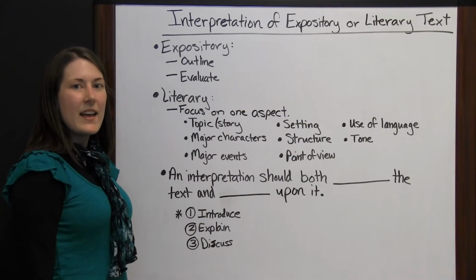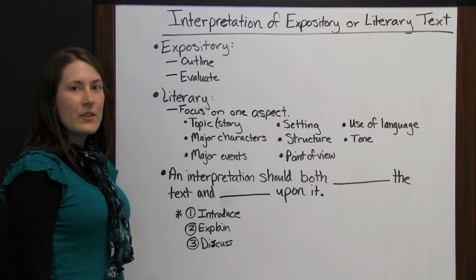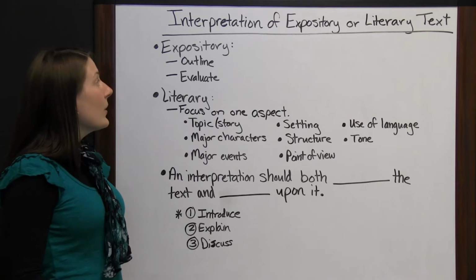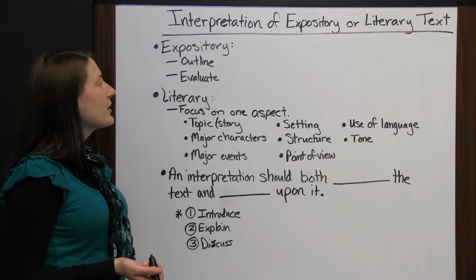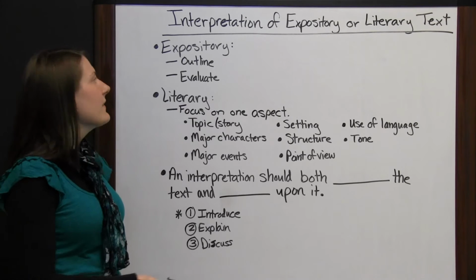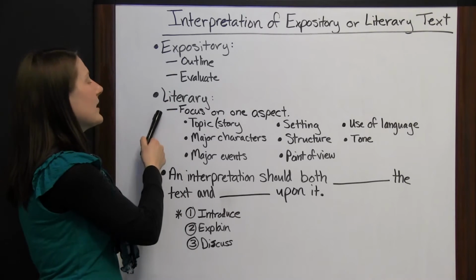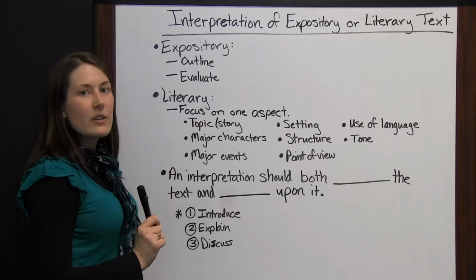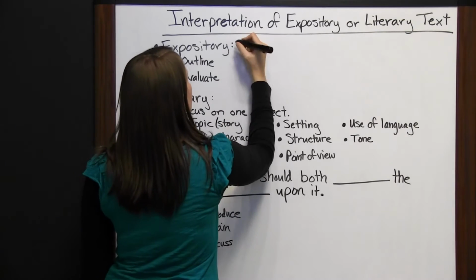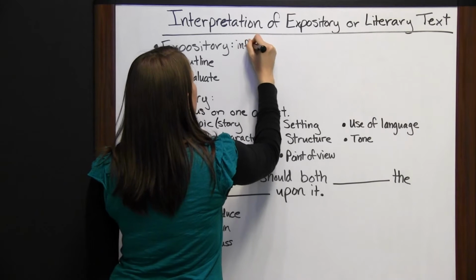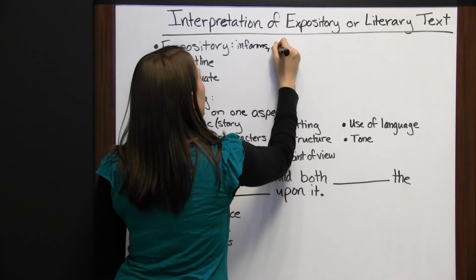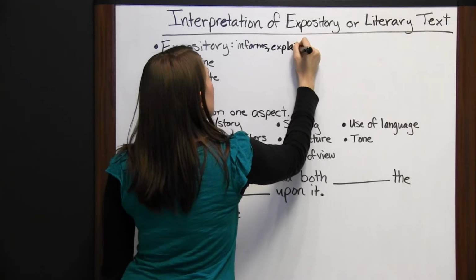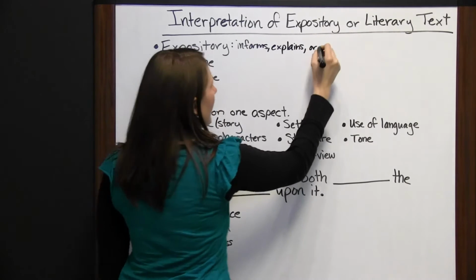Interpretation of expository or literary text. Well, to determine what your interpretation of a work is going to be, first let's refresh ourselves on what expository and literary text are. Expository writing is going to be something that informs, explains, or describes.